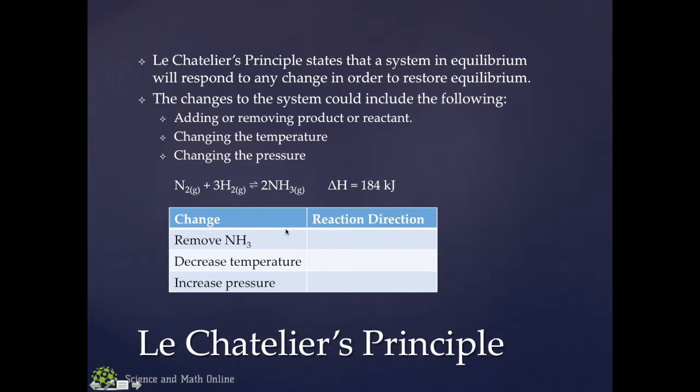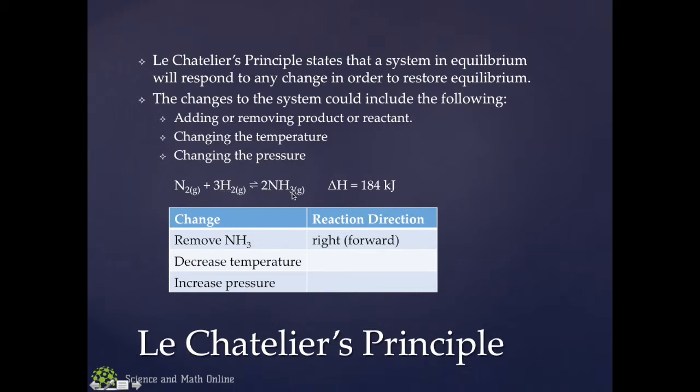So this side is lower because I removed some of it, and this side's still relatively high. Well, how can I make them balanced again? If I take some of this and move it to this side, this side will go down and this side will come up, and then they'll be equal again. So it's going to move the reaction to the right, that it's going to want to go forward. So we would say it shifts that way.